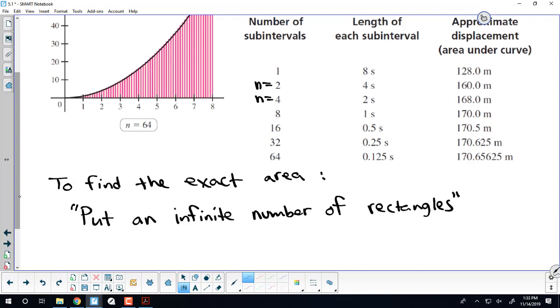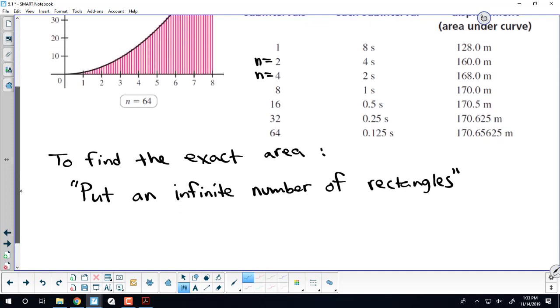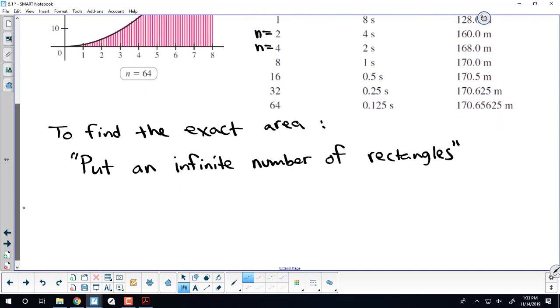But you can't put infinitely many things in something, right? So really what that means for us is we're computing the limit as the number of rectangles approaches infinity, for an exact area.